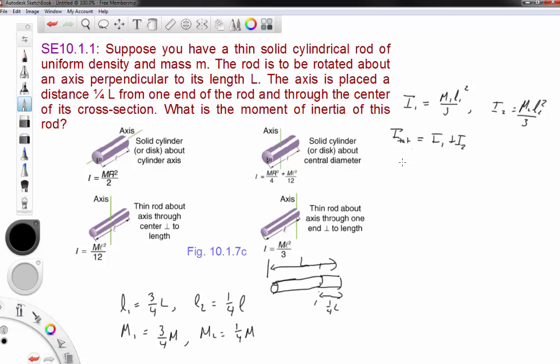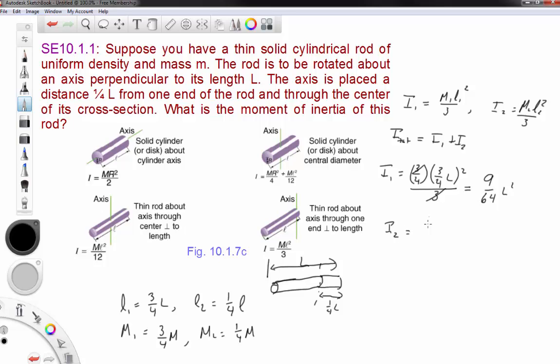So we use I1 is equal to M1, which is 3/4 M, times L1, that's 3/4 of L, so 3/4 L squared divided by 3. We can cancel out a 3 if we so desire, and in any case this is going to be 9/16 times 4, which is 9/64 of L squared.